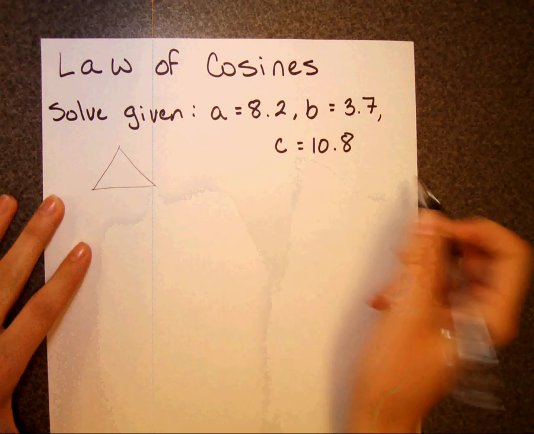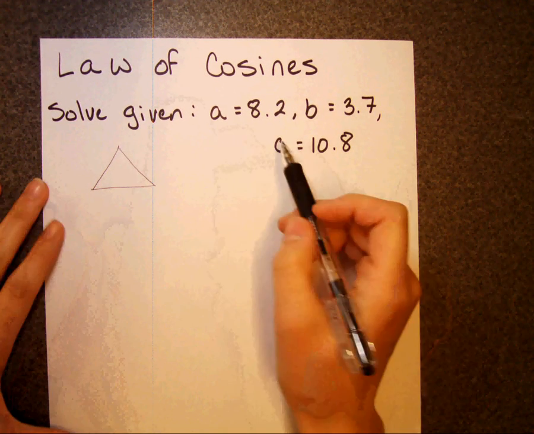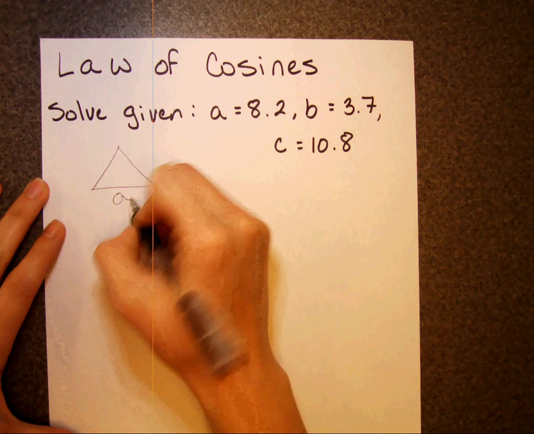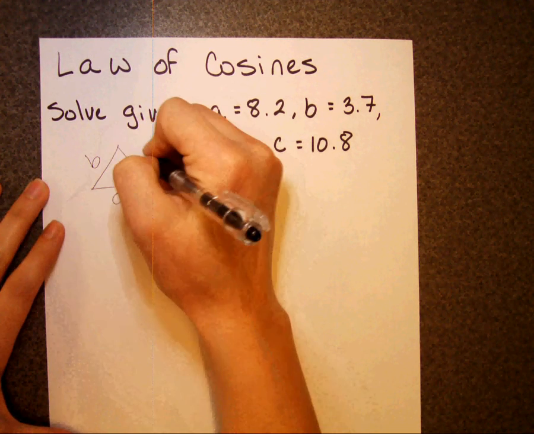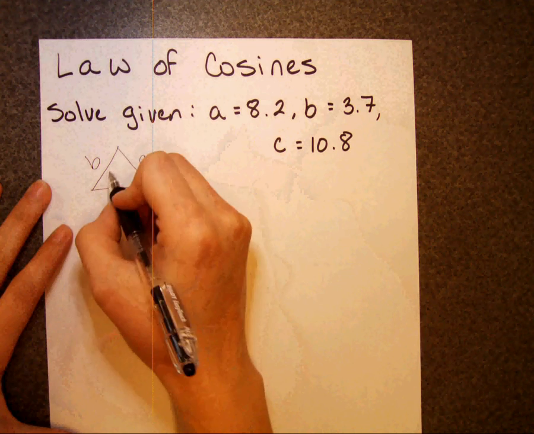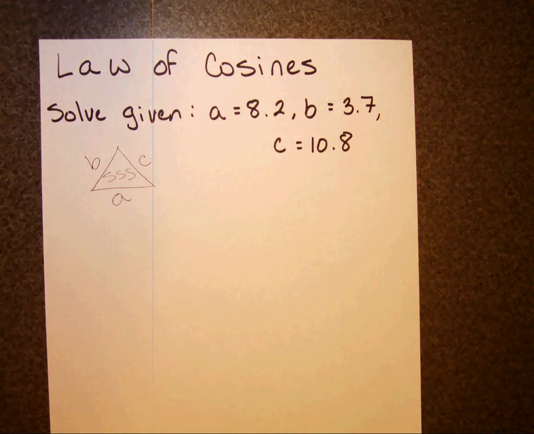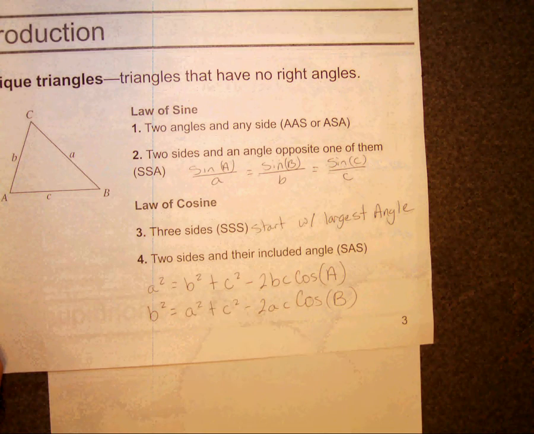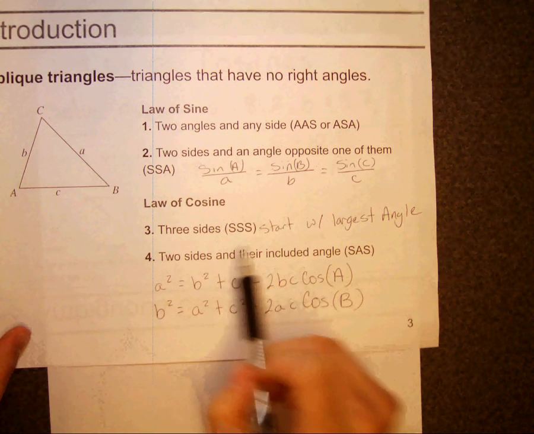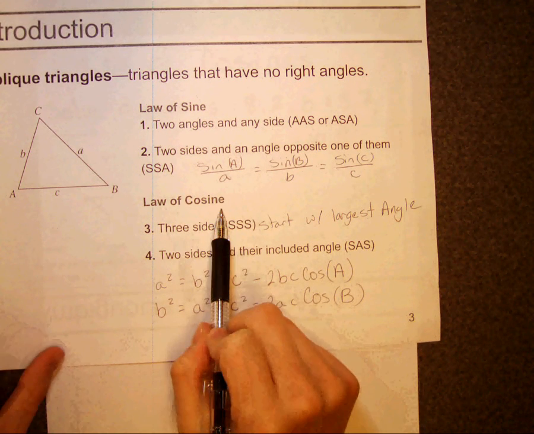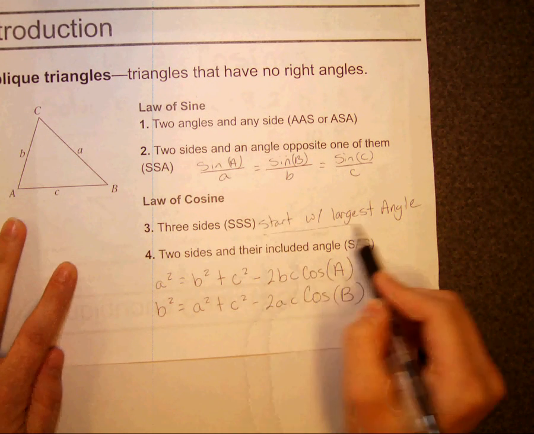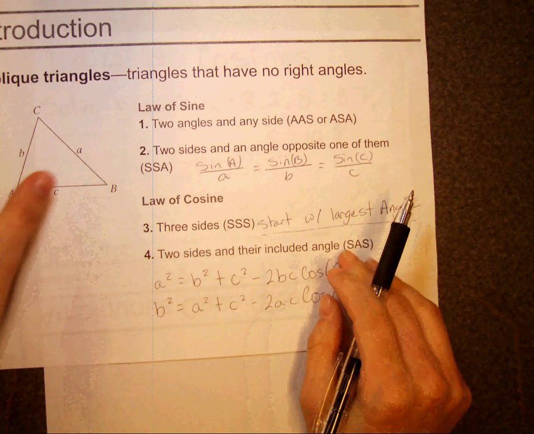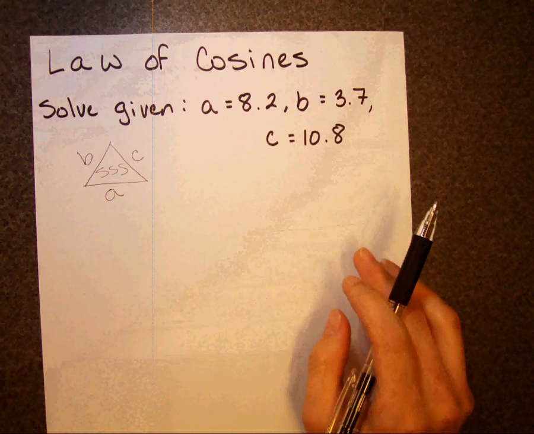This one I don't really need to draw a picture, but I will to be consistent. I have side A, side B, and side C, so this is obviously side, side, side, and according to our sheet, side-side-side requires law of cosines, and I want to start by finding the largest angle first.